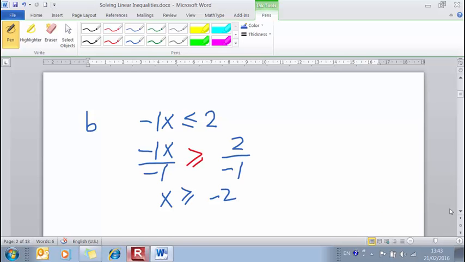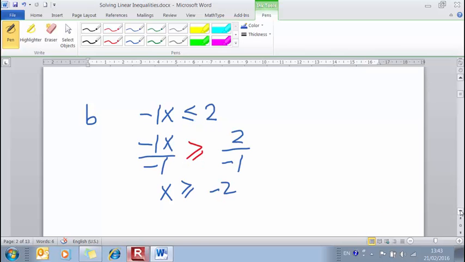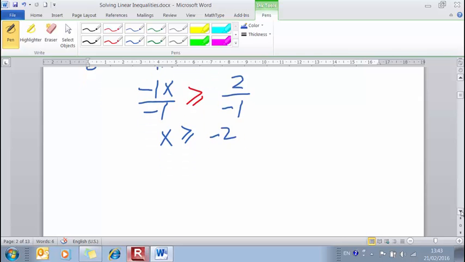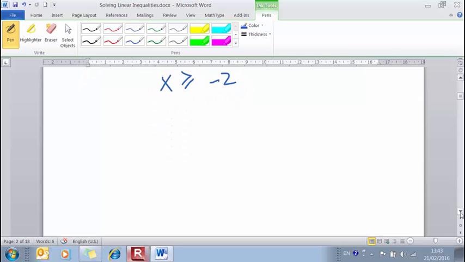Now let's see one more example. Example 3. We want to find the solution of this inequality.